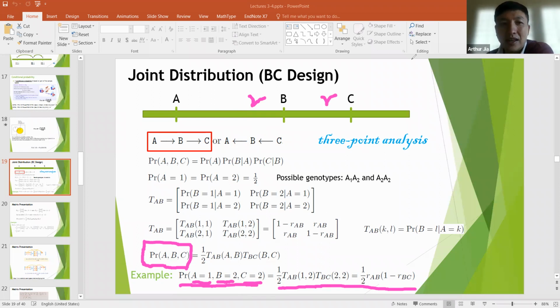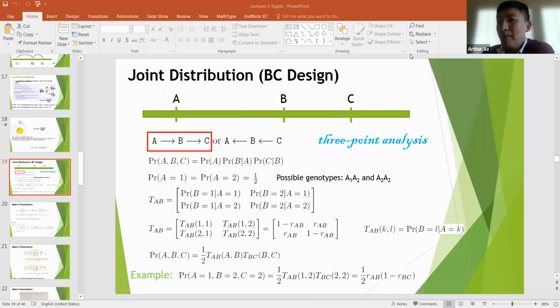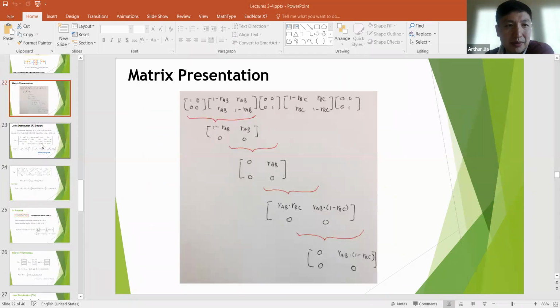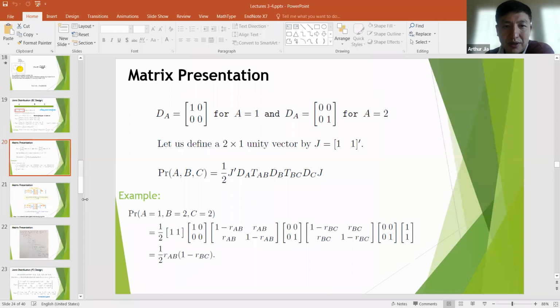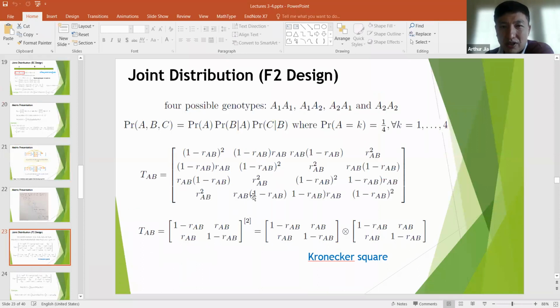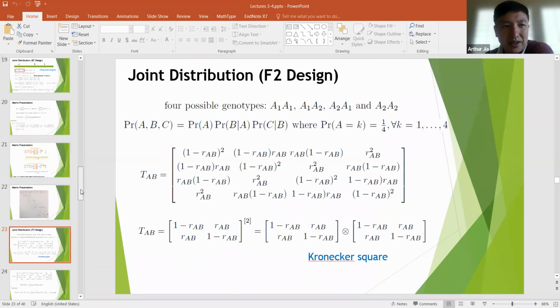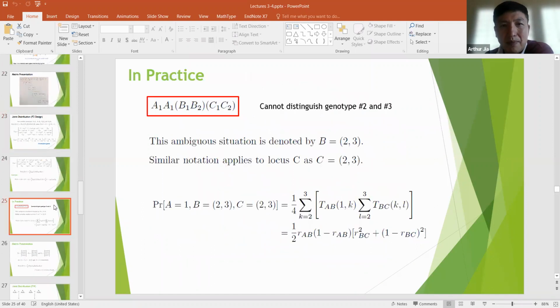Okay, any questions here? Okay, that's the only thing for this chapter. And only focus on the backcross, because this is the most basic one. The F2 is kind of complicated, so I will not test you on this part. Just focus on the backcross design.